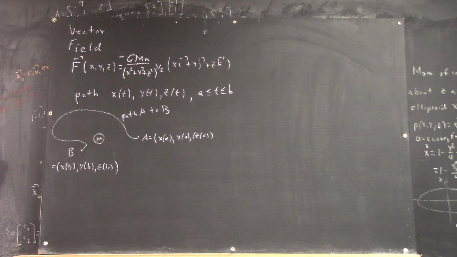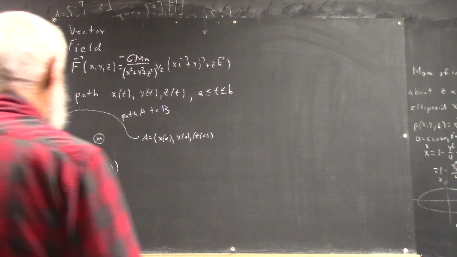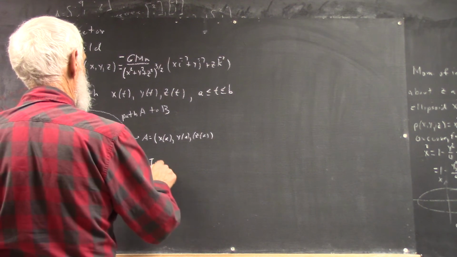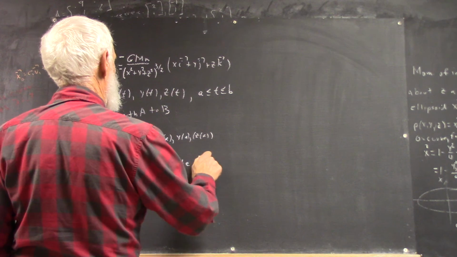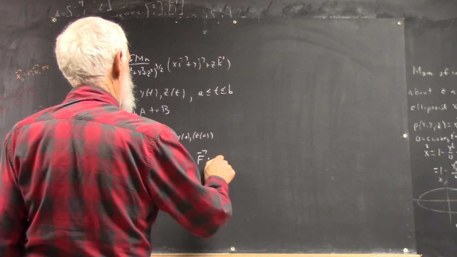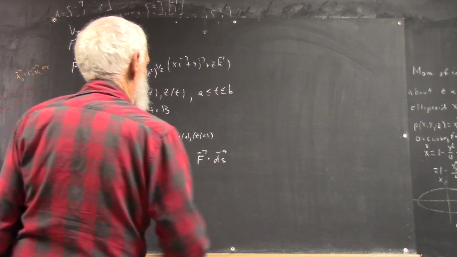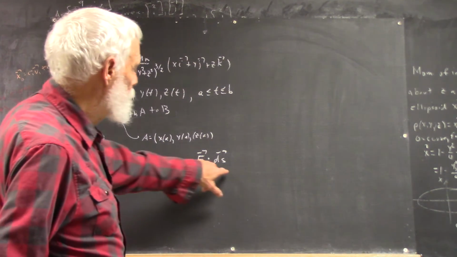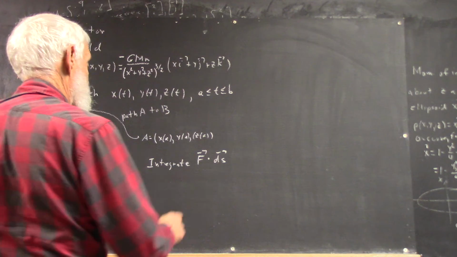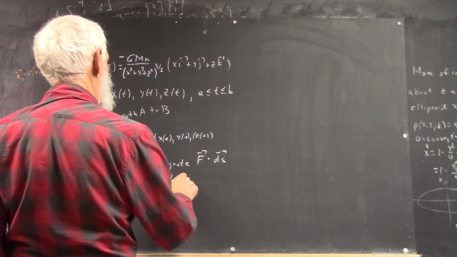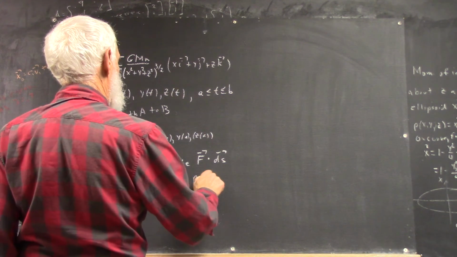Anyhow, here it is. We want to know how much work is done. We want to integrate the dot product of the force with the displacement vector along the path.